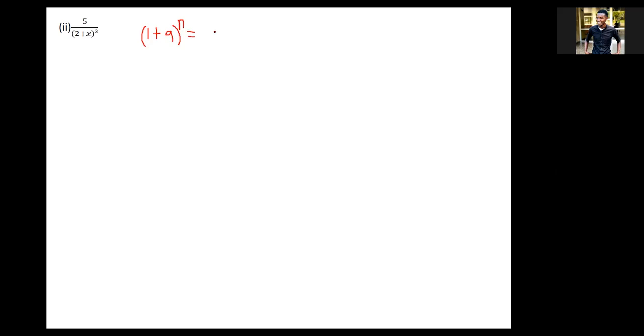Then you expand it in that way. You expand it like this. So this is how the extension of the binomial theorem looks, where this is supposed to be a. Then over 2 factorial. Then you go on like that.